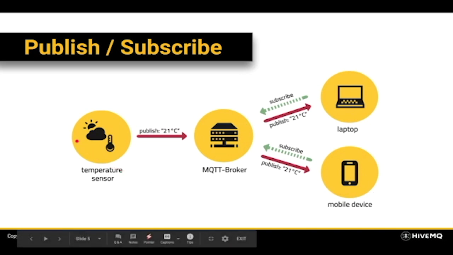As you can see here, senders and receivers, in this case, the sensor is the sender and the laptop and the mobile device are the receivers of messages, are completely decoupled. They are only connected to the broker and do not know about each other.